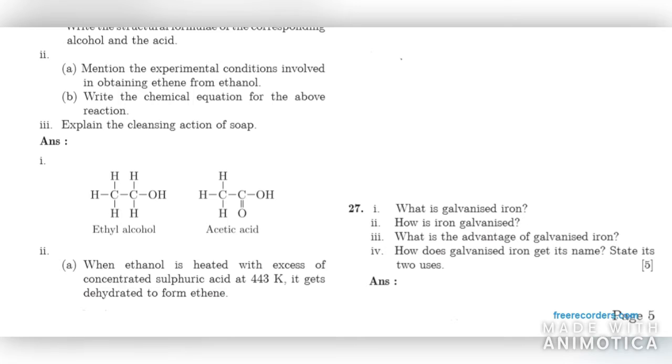So this is how you can write down part A. Now the second part says B. Write the chemical equation for the above reaction. So you have to write the chemical reaction between ethanol and H2SO4, which gives ethene and water.